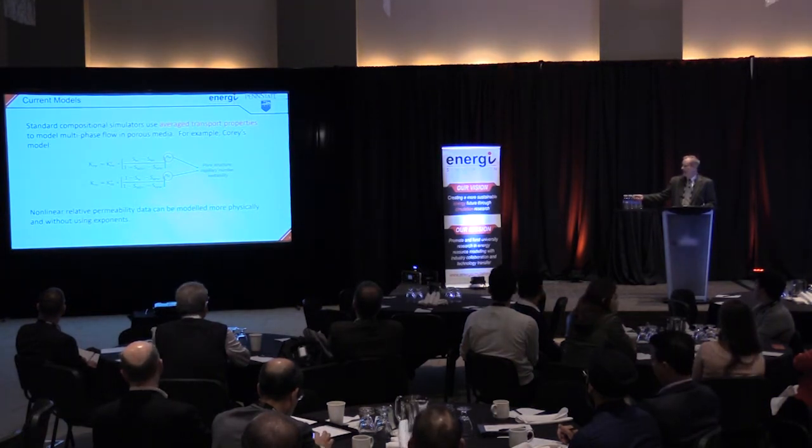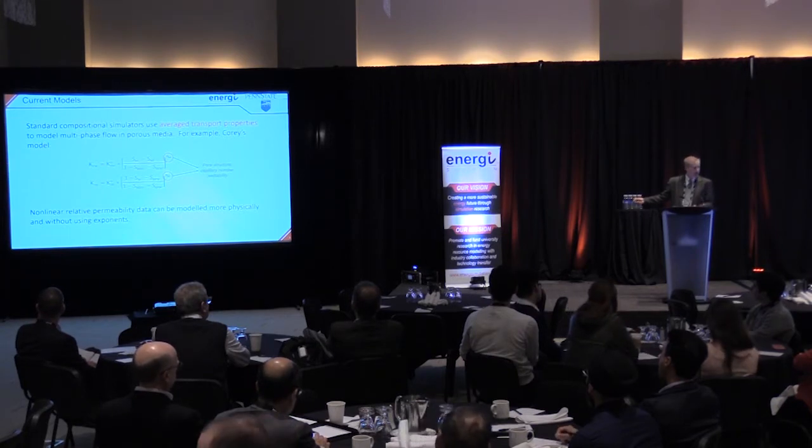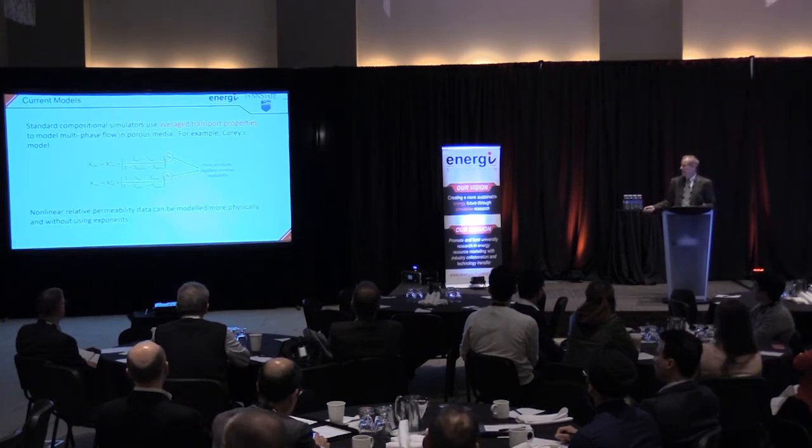And then we have the exponent here, but there's a lot of physics here that has been lost in this. So the key is to be able to have physics here as well, and to bring that in so that we can predict better and have things work better also.